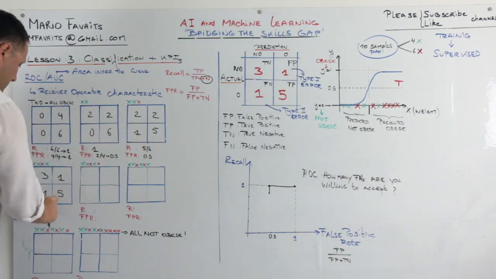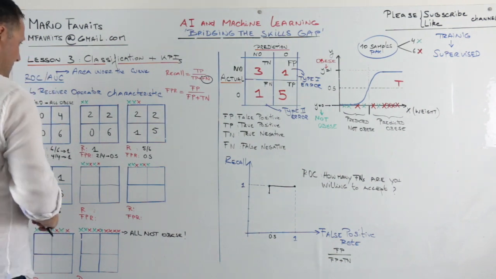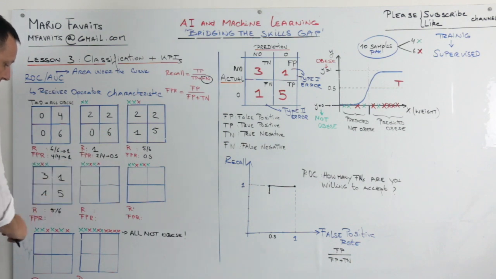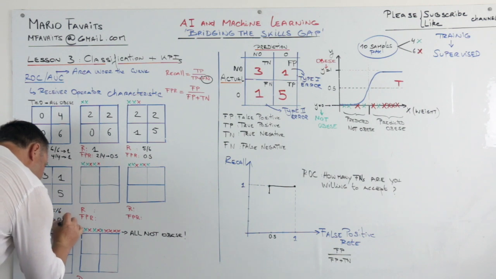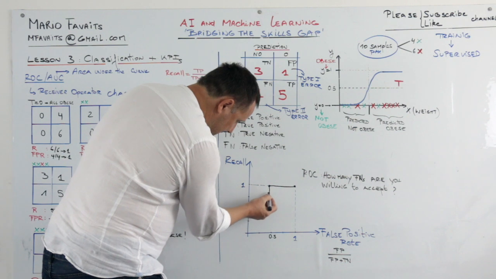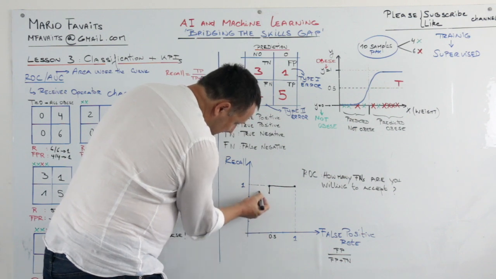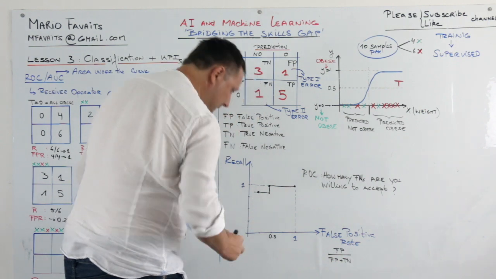And you see the recall will not change, it will be 5 out of 6. But the false positive rate will change. It will be 1 divided by 1 plus 3, which is 1 out of 4. So it's 0.25. So this is going to be half, but the recall will not change. So it's going to be something like this.